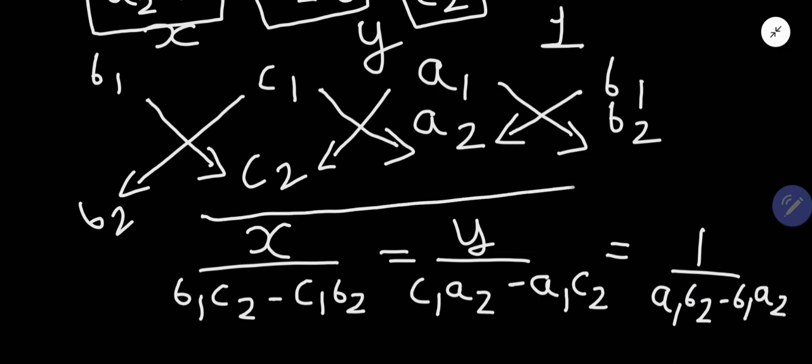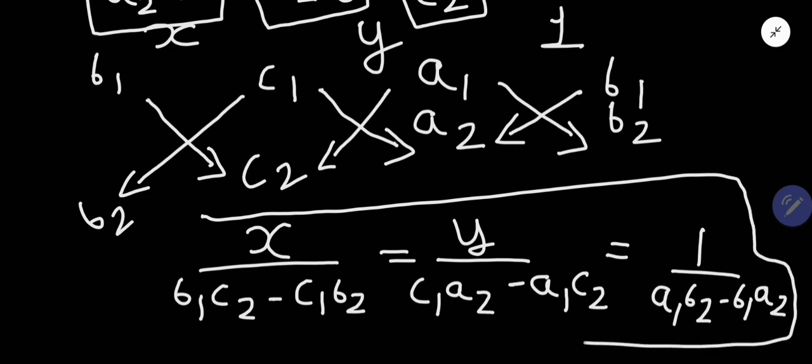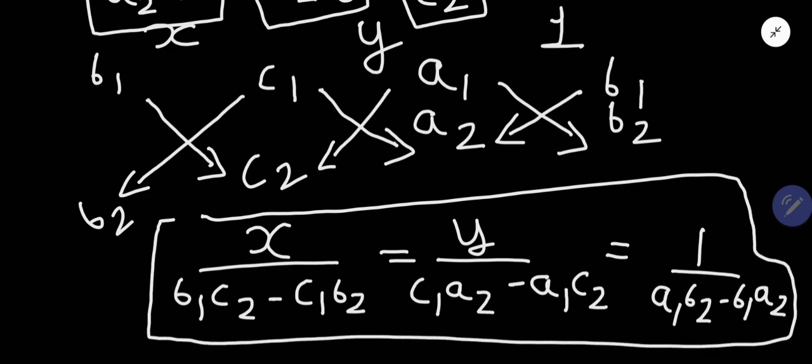So this is the final formula to solve any linear equations in two variables by the cross multiplication method.